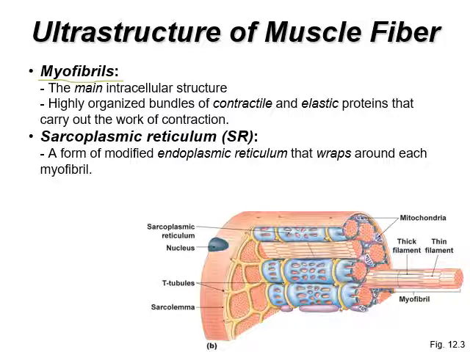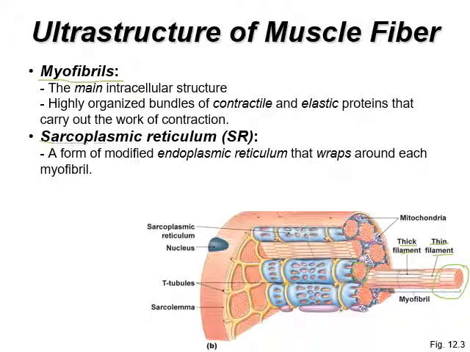This is this rod-shaped organelle here, and there are multiple of these myofibrils throughout a muscle fiber. These are going to have the contractile and elastic components of the muscle. This is where the contraction, or the shortening, is actually going to take place. We'll talk about these thick filaments and thin filaments, and that's basically the arrangement of the myofibril.